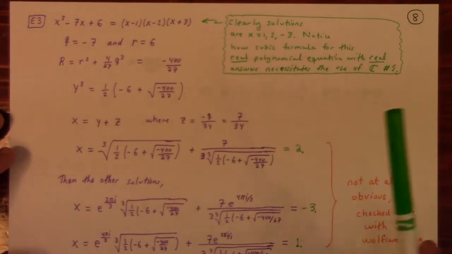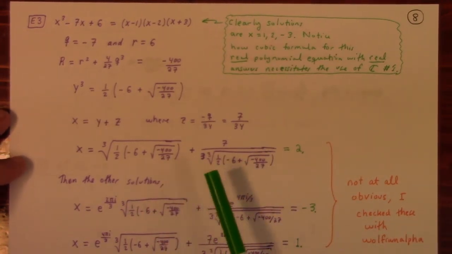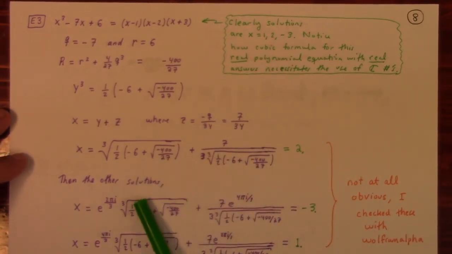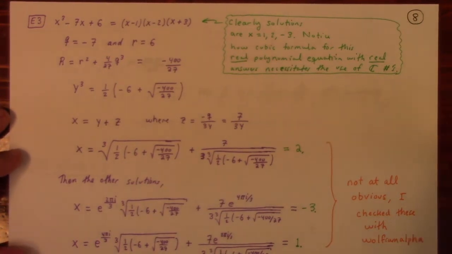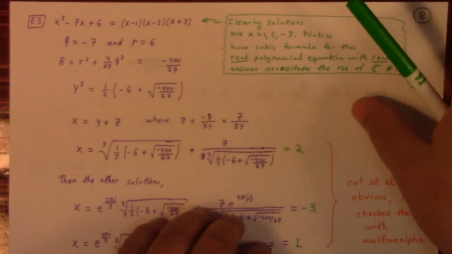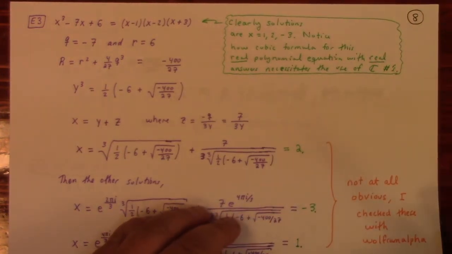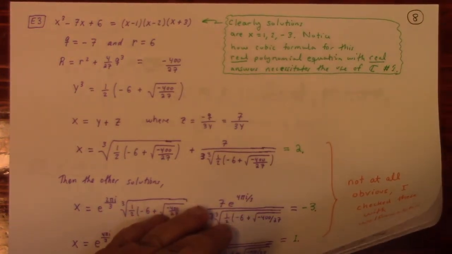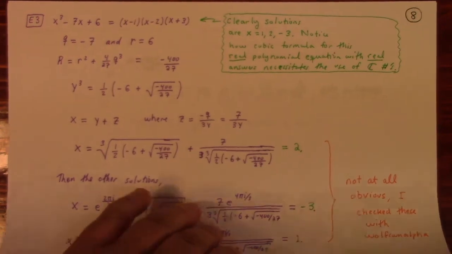Actually, this would make fairly decent complex variable homework problems, like prove this plus this is equal to 1. And not with a calculator, but with direct manipulation. Well, maybe with a calculator. Anyway, moving on. The point of this problem is just because we have a cubic formula doesn't mean we should use it.